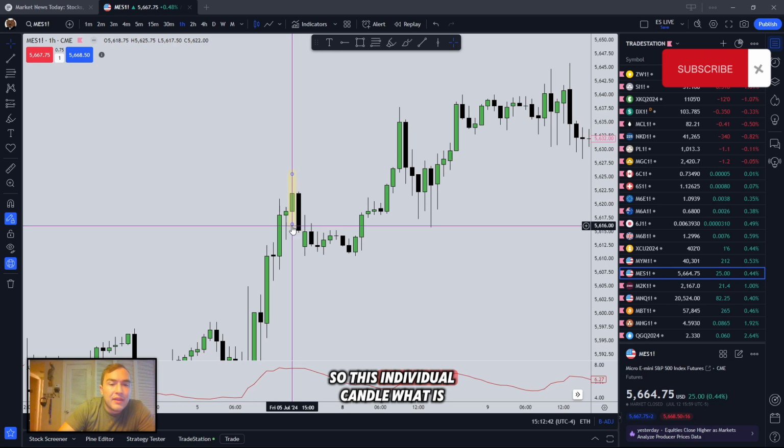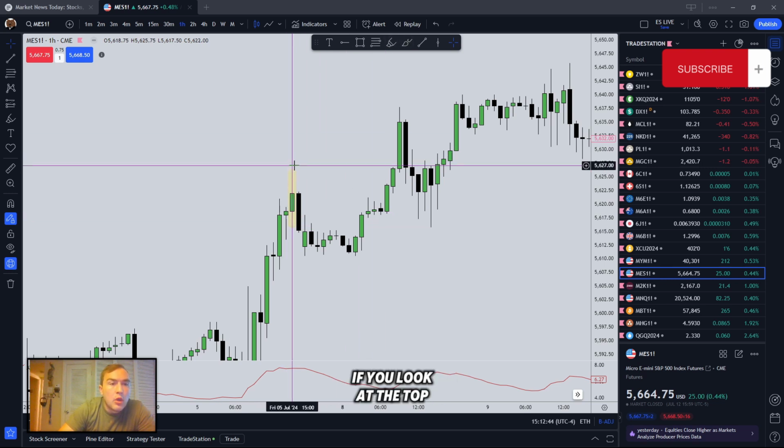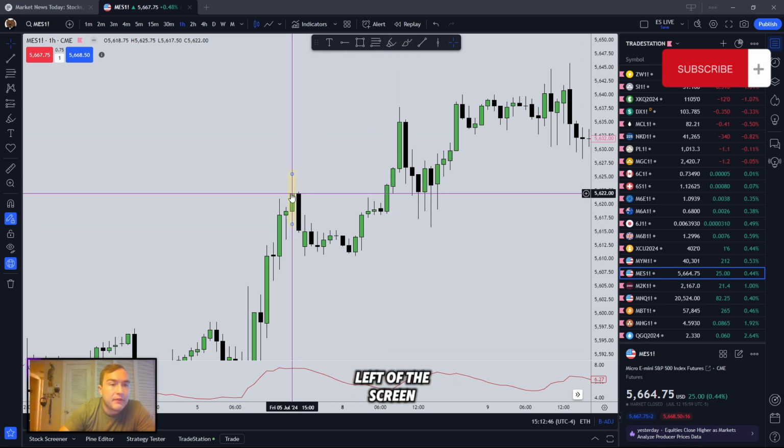Okay, so this individual candle, what is it showing you? Well, if you look at the top left of the screen, notice that it says OHLC. That stands for open, high, low, and close. So this one candle is showing you, number one, for the start of that hour, where did price open? It's showing you the high, as in the highest tick or the highest value that the micro ES futures traded for that hour of time.